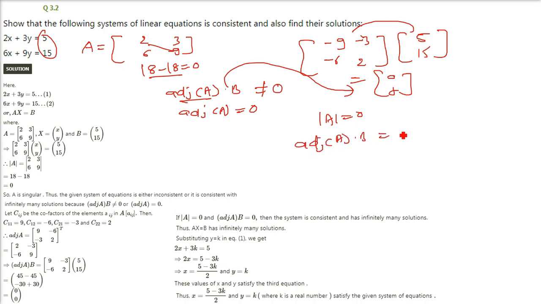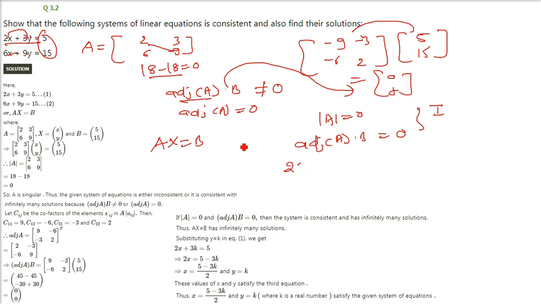they both are 0. That means infinitely many solutions, and the system is consistent, because there are two lines which are actually one line and they are intersecting. That means you have infinite points of solution. Okay.